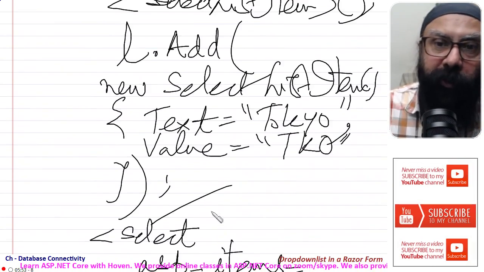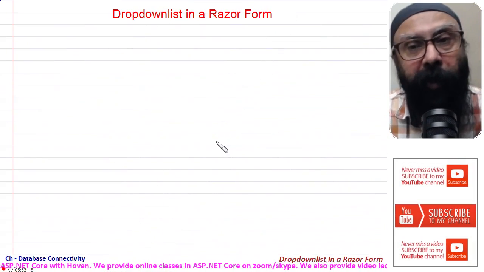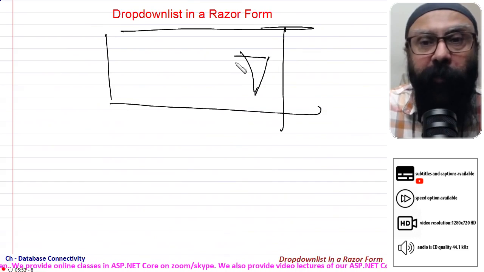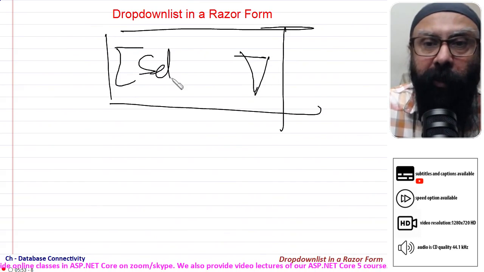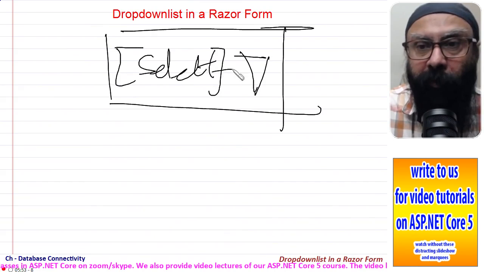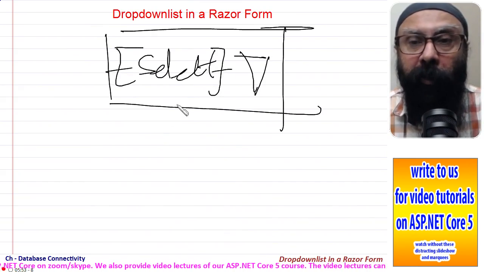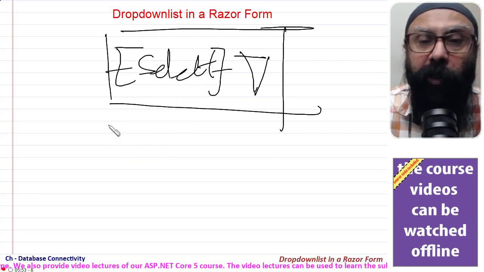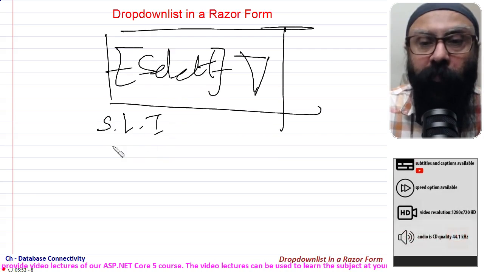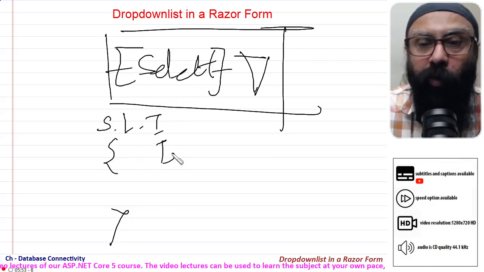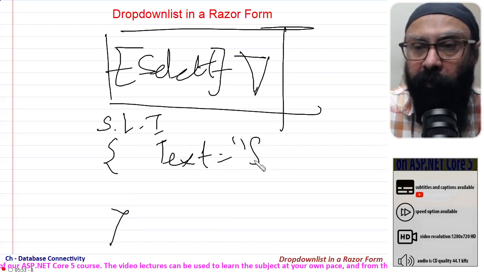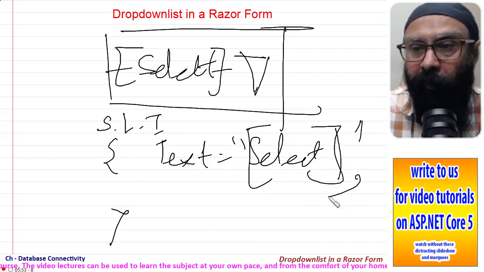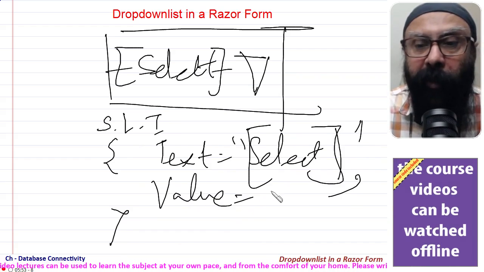Now one question is, if I have a list, you usually see that the first item in a drop down is like this, select. So how is this done? The first item is usually a SelectListItem with the text value of select, and its value is kept empty.